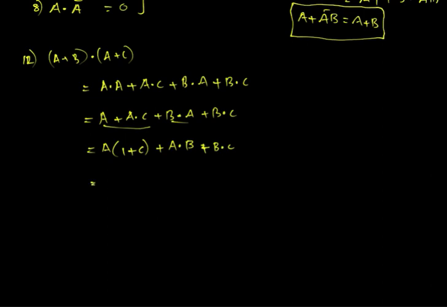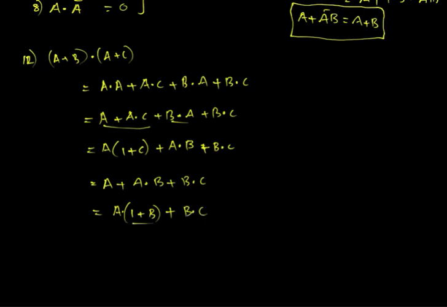This is equal to 1 plus c is 1 itself, so a and 1 is a, plus a and b plus b and c, which is equal to, here I can take a common, so what remains is a and 1 or b, or b and c.